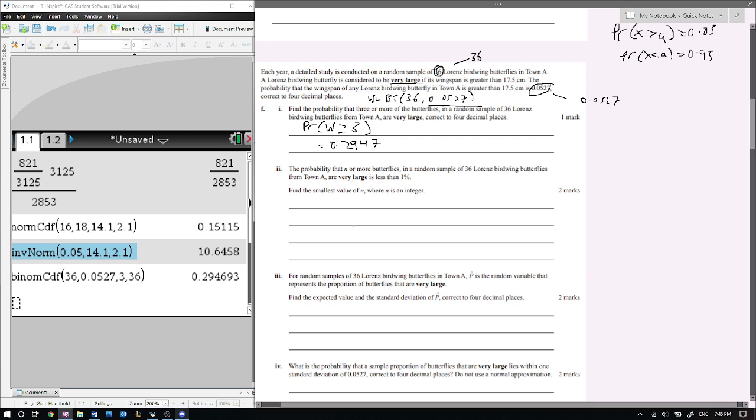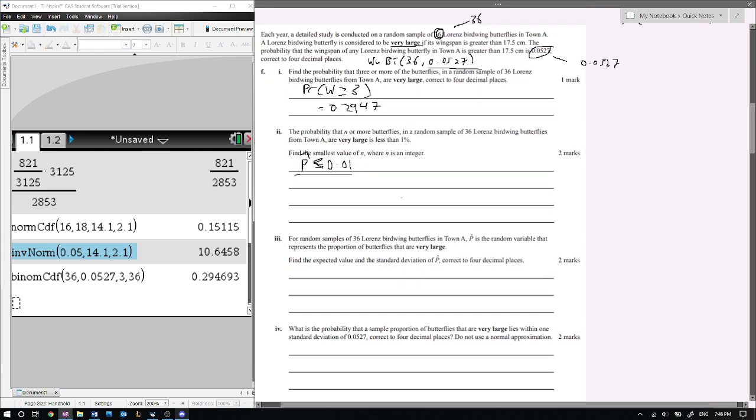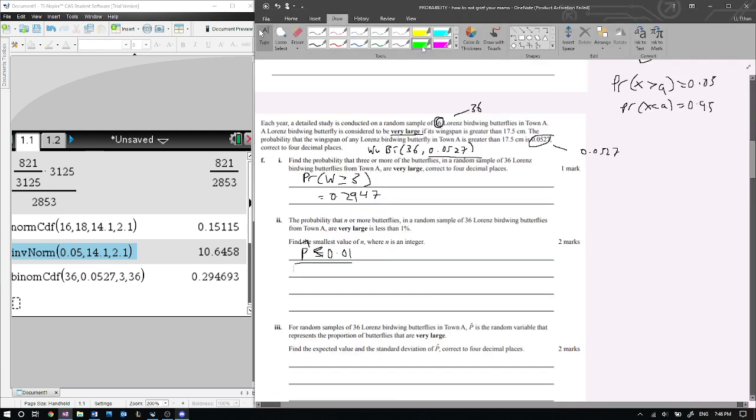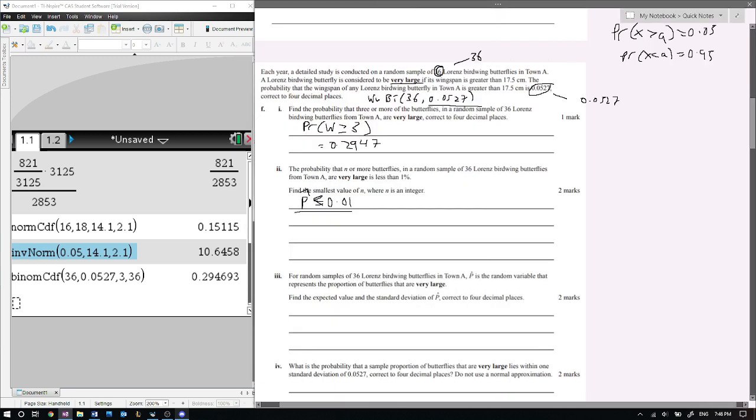So it's basically saying that the proportion will be less than, not including, just less than 0.01. My bad. When you're faced with a proportion, and you've previously been answering a binomial distribution question, straight away you should be looking to convert this proportion into an x value.